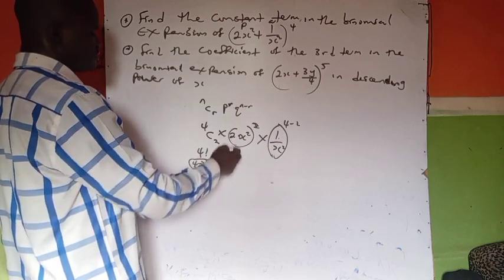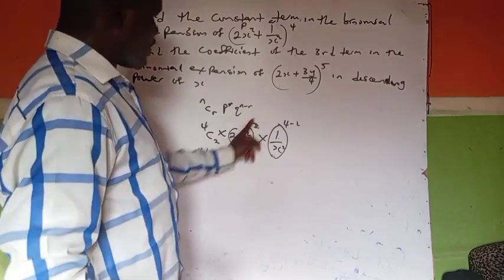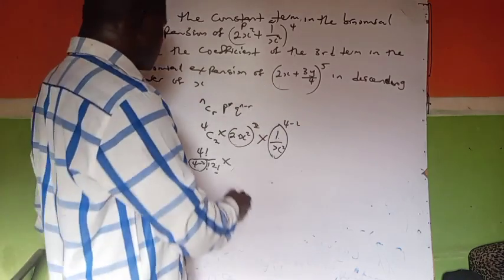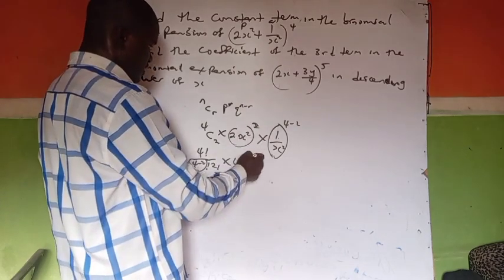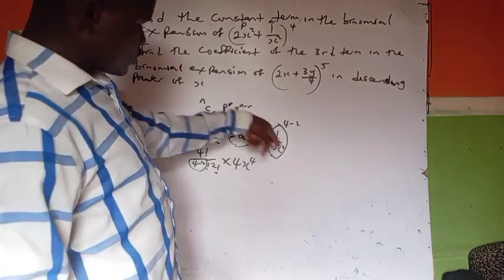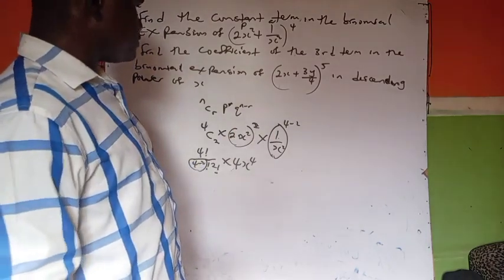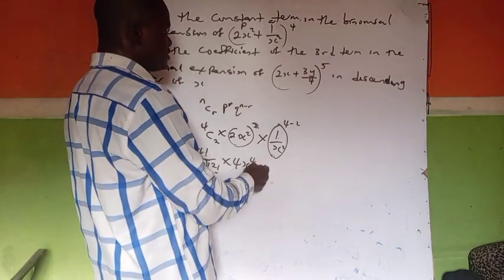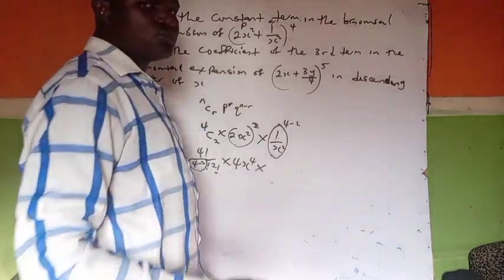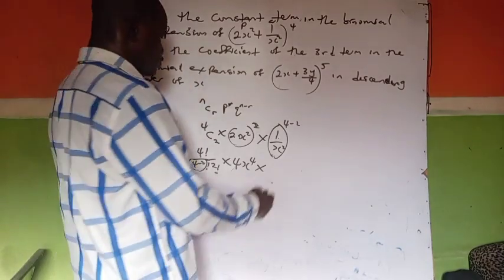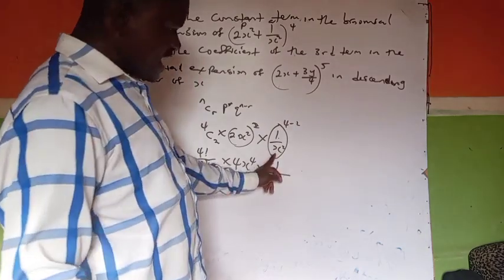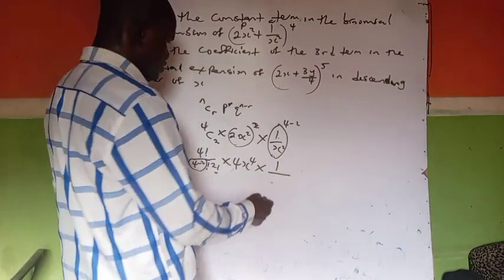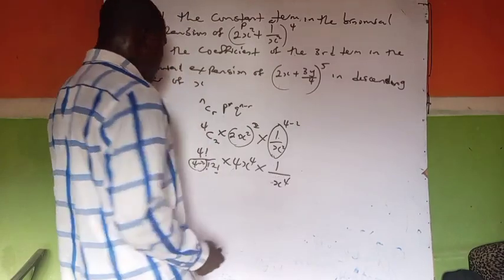So times, here you have 2 squared, which is going to give you 4. Then x squared will give you x raised to power 4. Then 4 minus 2 is 2, so you will have 1 raised to power 2, which is 1, and x squared, so you will have x raised to power 4.